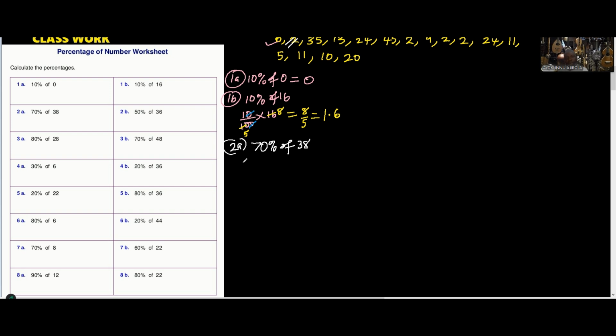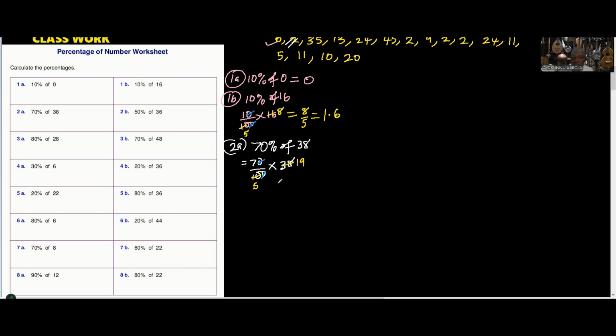Now, this one is requesting 70% of 38. So all I'll say is 70 out of 100 times 38. Now, I can use a 0 to cancel 1 0. Whenever you see zeros up and down, you cancel. Then the 10 and 38 are divisible by 2. This gives me 5 and this gives me 19.